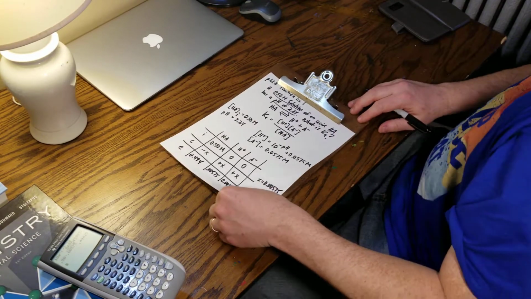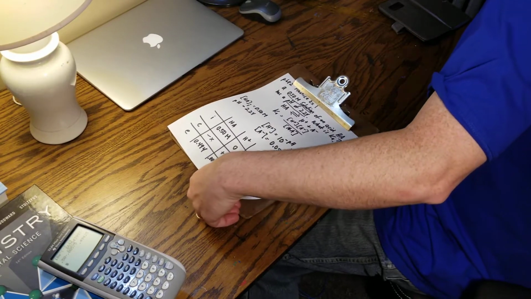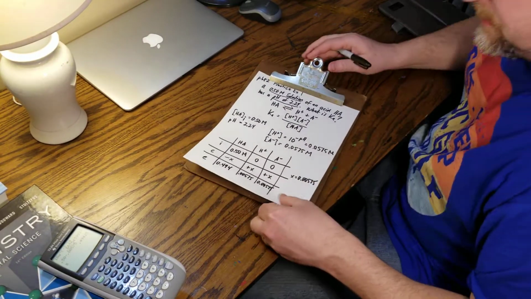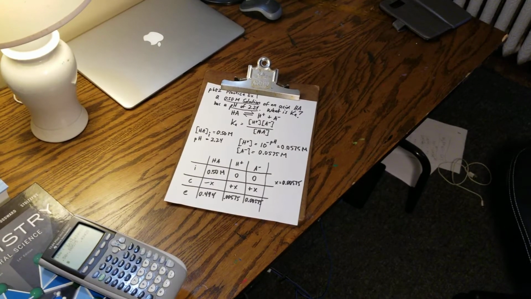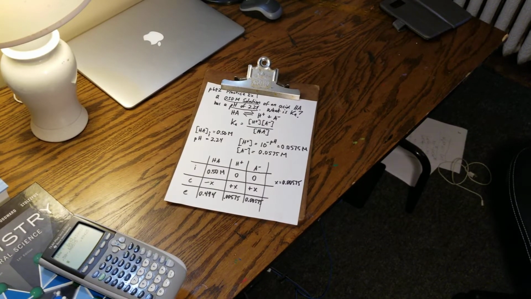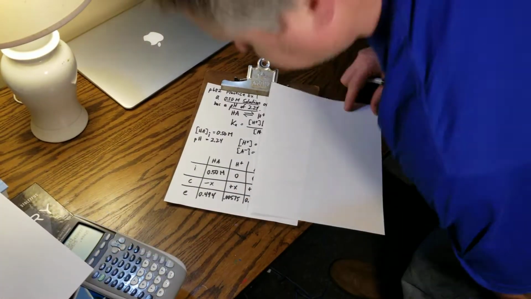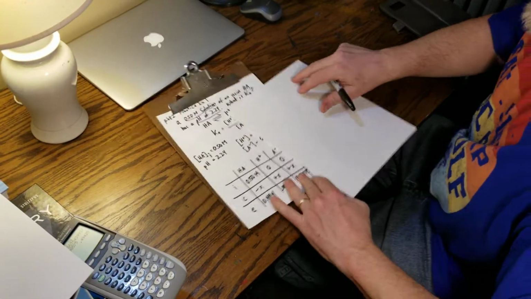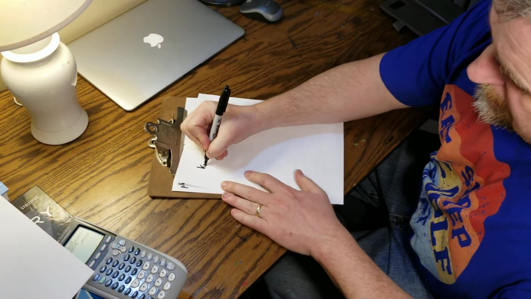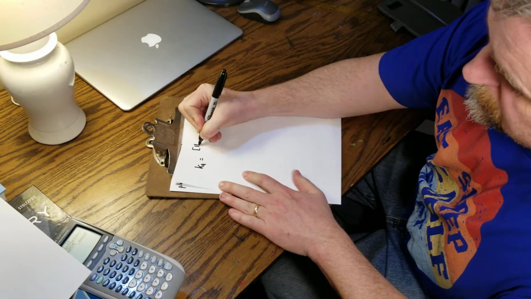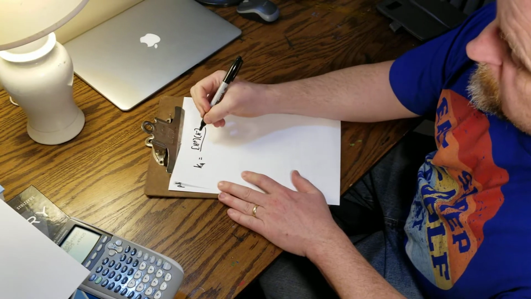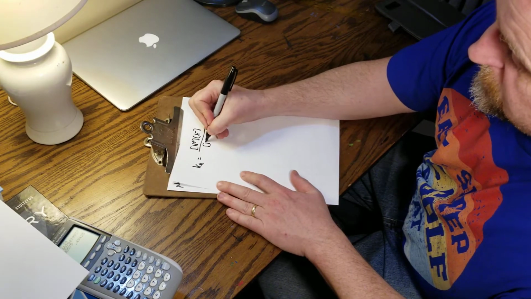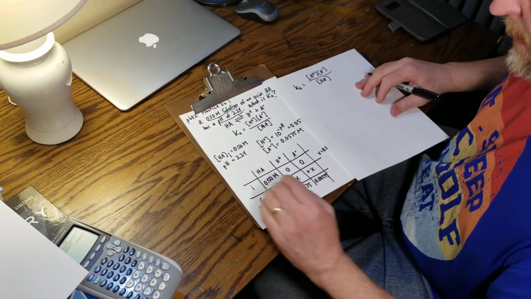All right, so now what we need to do is get a new piece of paper so we can do the equilibrium expression. Our equilibrium expression is Ka equals the concentration of H plus times A minus over the concentration of HA.